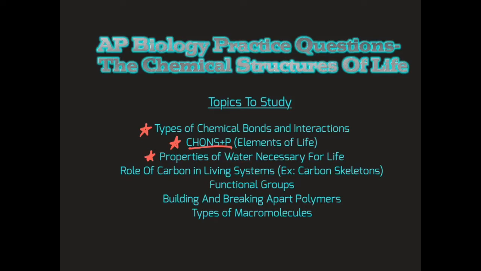You should also understand the role of carbon, also mentioned in our last video. For example, carbon skeletons are a very common type of structural organization of certain biomolecules in living systems. So understand how carbon is fundamentally essential in anabolic processes.